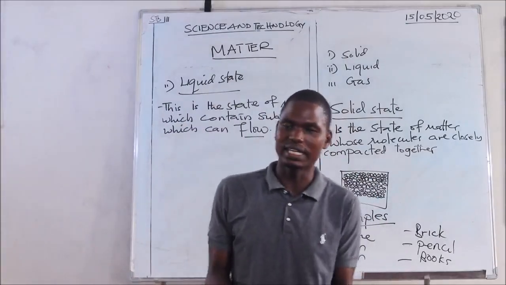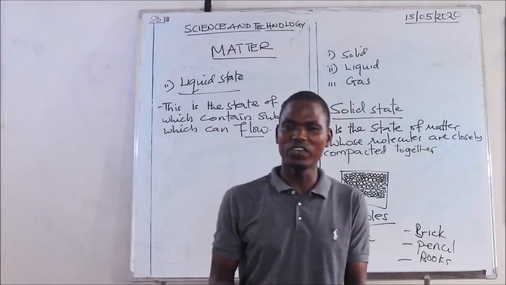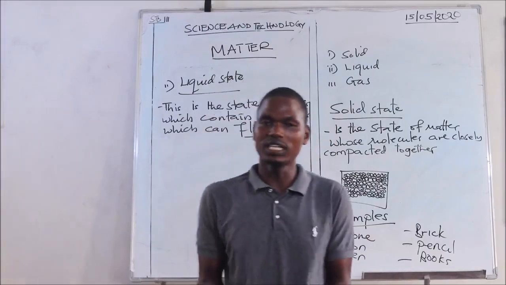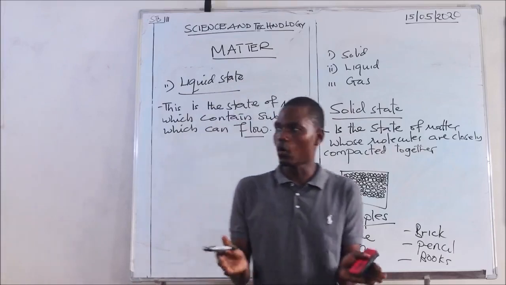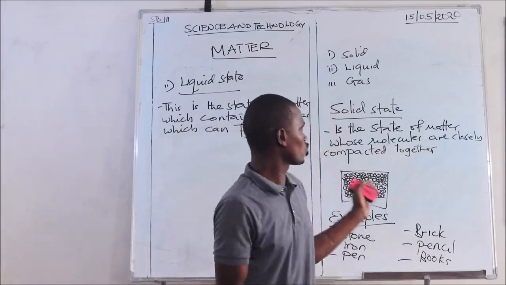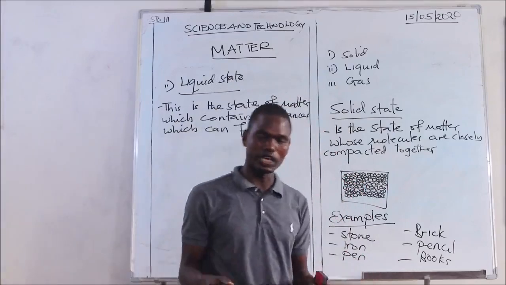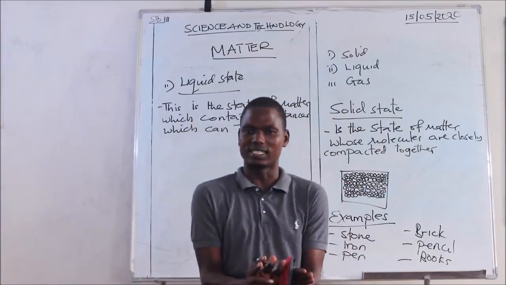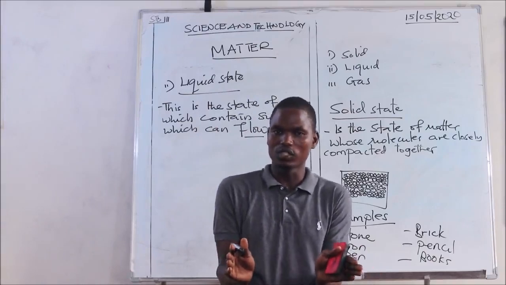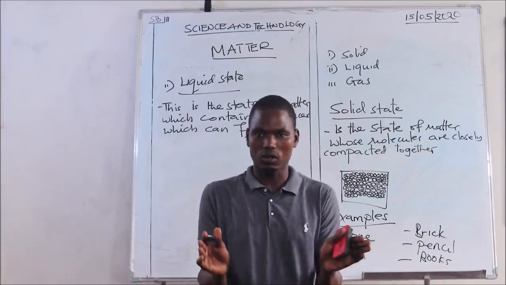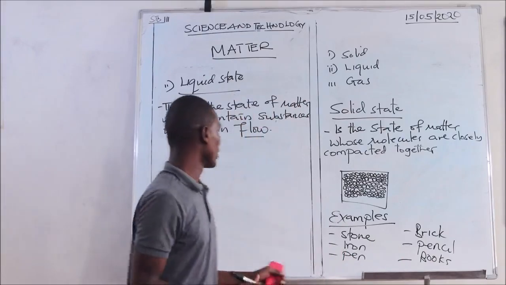If you pour water down, it will start moving in different directions, because its molecules are not compacted together, unlike stone, which is in solid state. When you take a stone and put it somewhere, it will remain as it is, because the molecules of stone are closely compacted together.